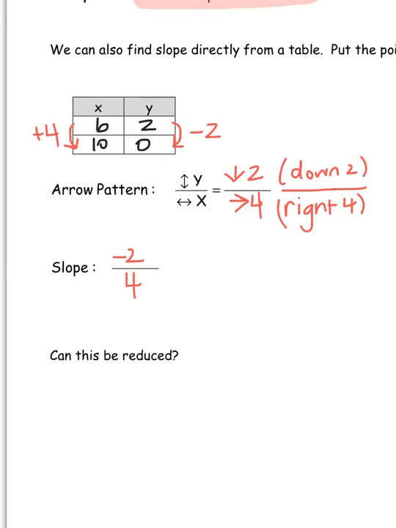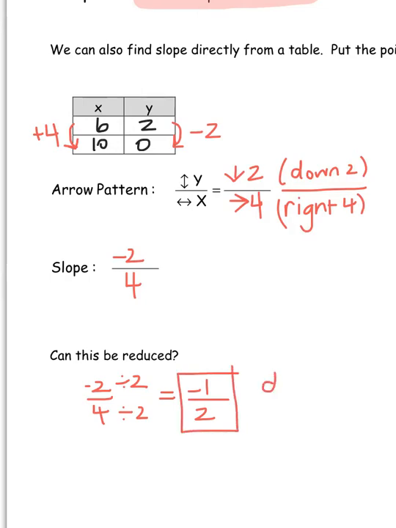My slope is -2 over +4. Can this slope be reduced? Let's write our slope, -2 over 4. Can we divide both of these numbers by the same factor? We can. I can divide the top by 2 and the bottom by 2. -2 divided by 2 is -1, and 4 divided by 2 is 2. There's my final answer, -1 over 2, which means down 1, right 2.